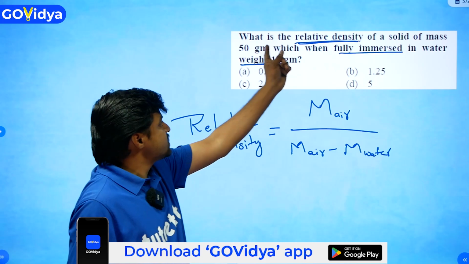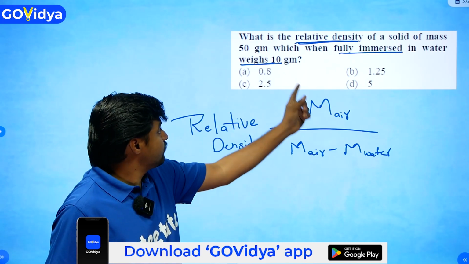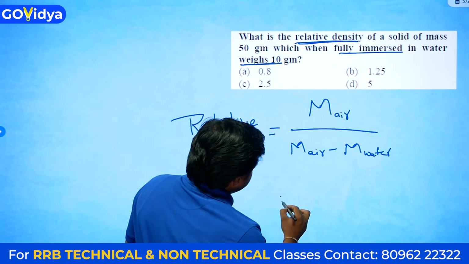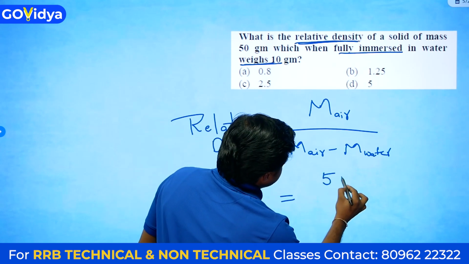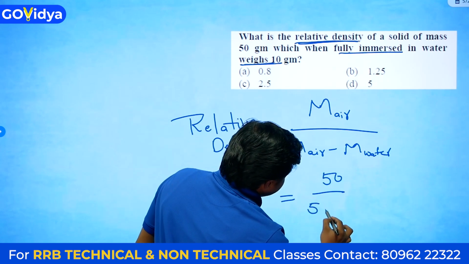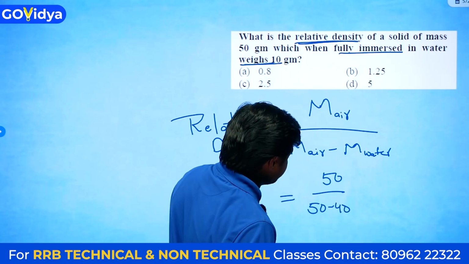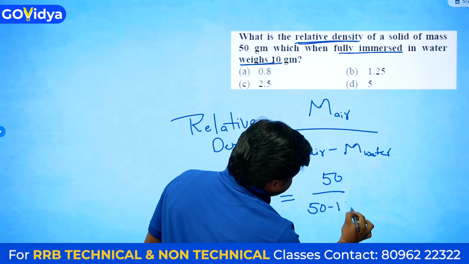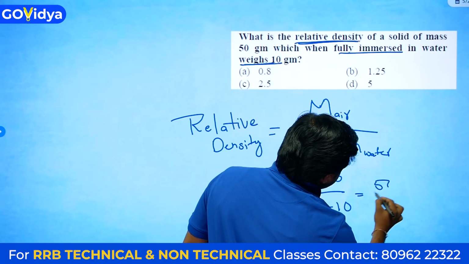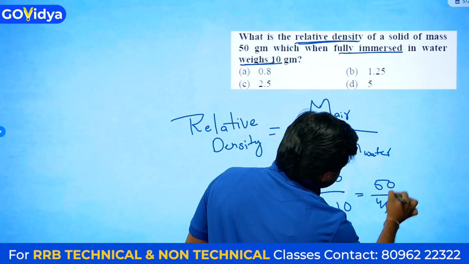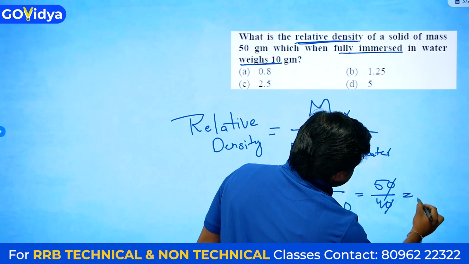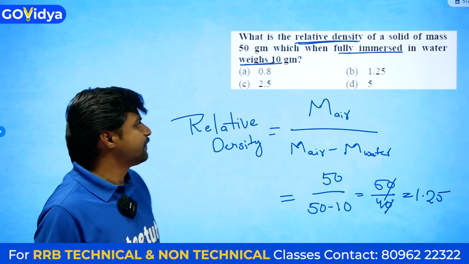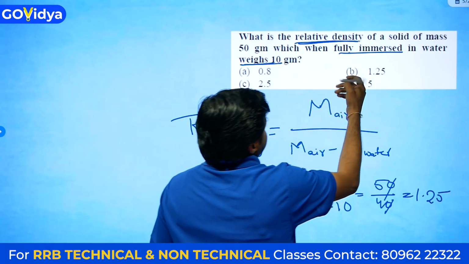Mass of the body in air is 50 grams and the mass of the body in water, or liquid, anything, is 10 grams. So 50 by 50 minus 10, that is 50 by 40. Okay, the zeros will cancel. 5 by 4 means 1.25. Okay, relative density is 1.25. Option B is the correct answer.